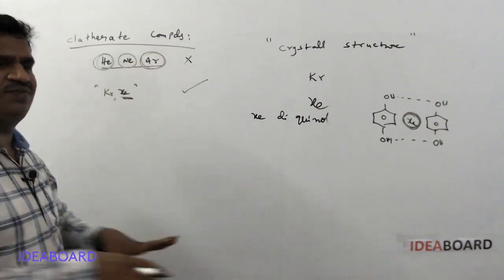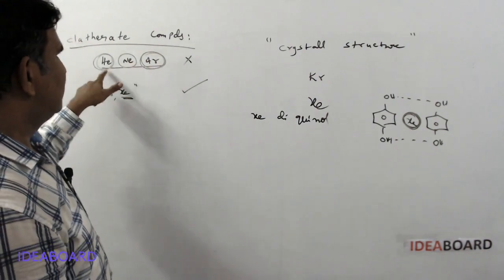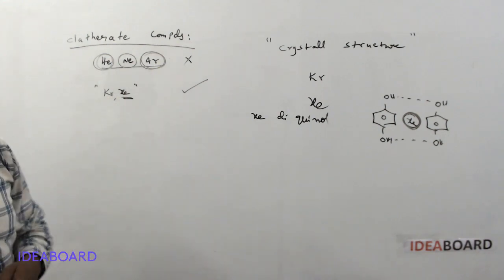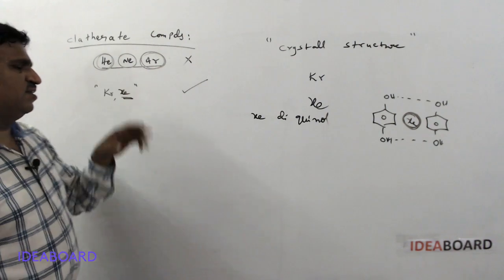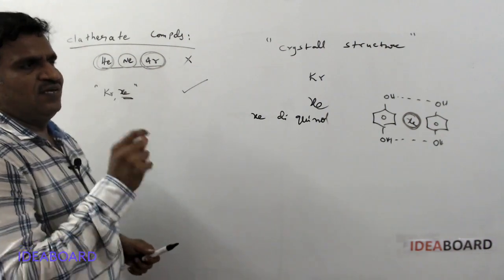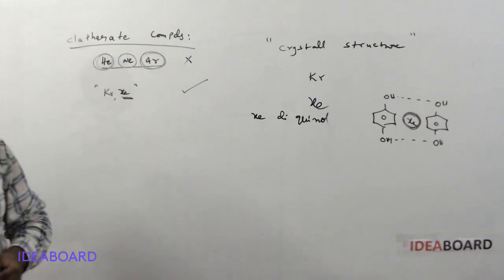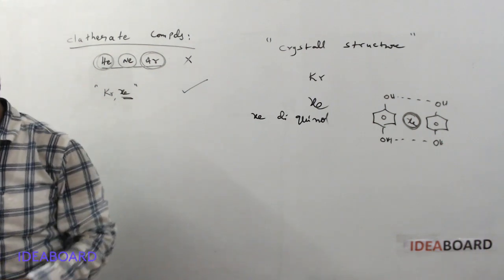Helium, neon, argon can escape easily from the gaps. So they are not forming these clathrate compounds. Helium, neon, argon, because of their small size, are not able to form clathrate compounds, but krypton and xenon mainly form clathrate compounds.